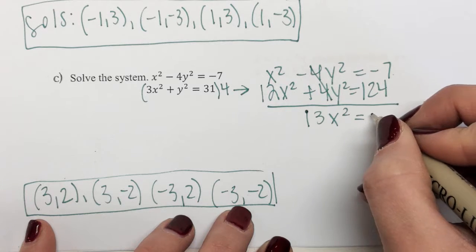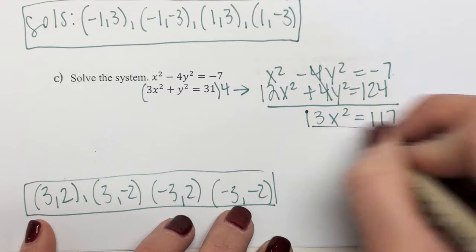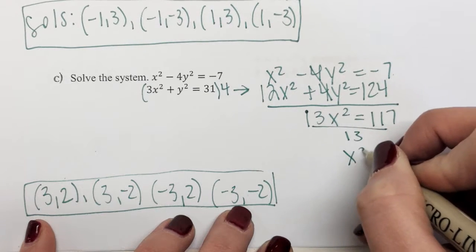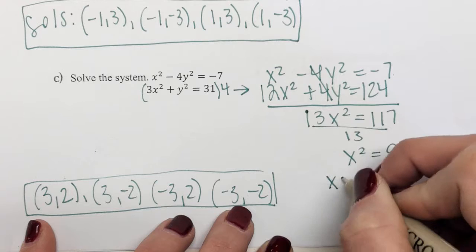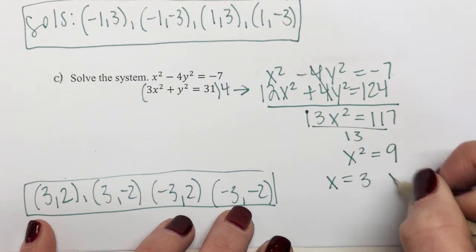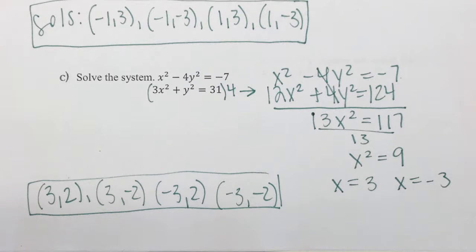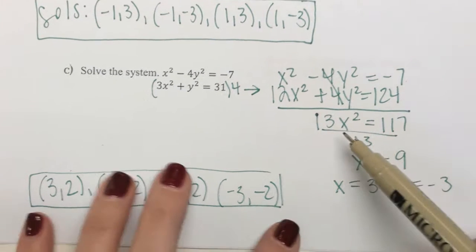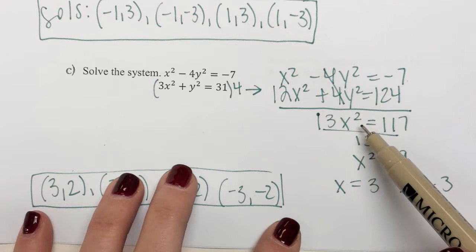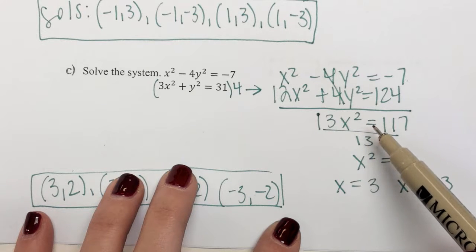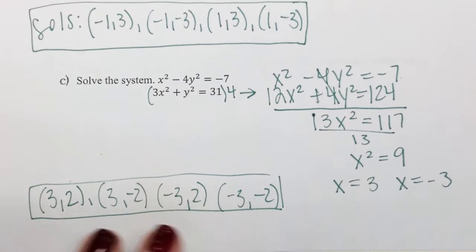Somebody help her out. 117. Good. When you divide, it's going to be what? And so x equals 3 or negative 3. Good. Questions about that part? If you did it the other way, you should have gotten like 13 y squared equals 52, and that's where you got 4.